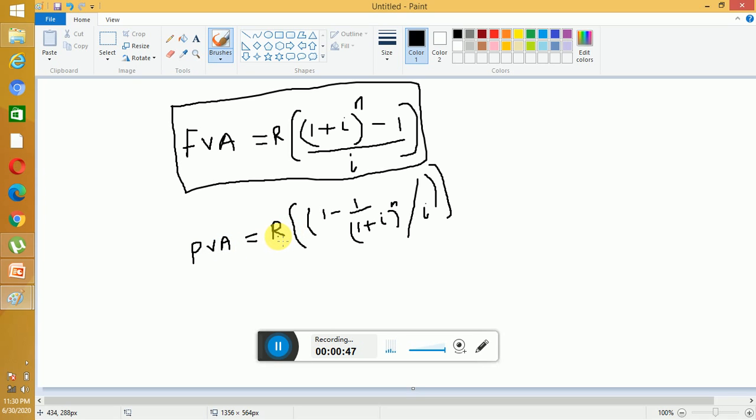Present value of annuity is equal to R times (1 minus 1 divided by (1 plus I) raised to the power n), whole divided by I.